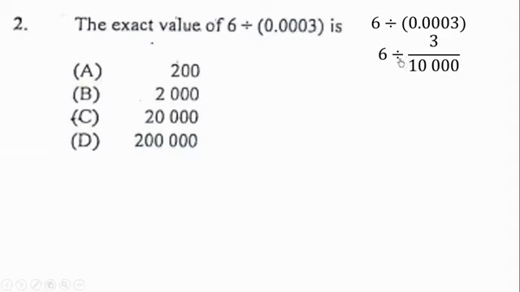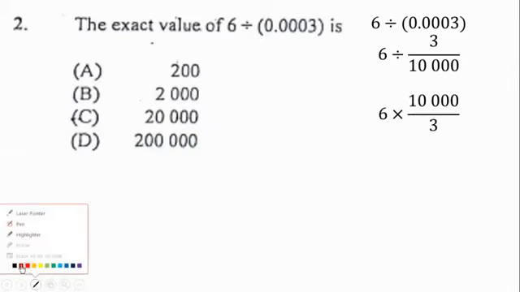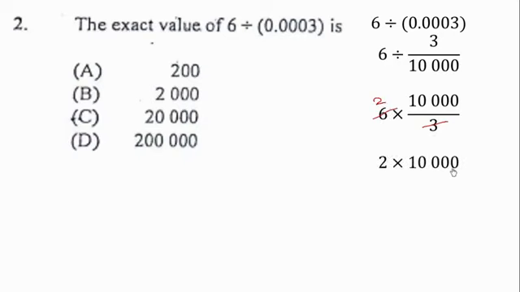Now let's change this to multiplication and reciprocate to get something like this. So we can now simplify. Now this will go here 2 times, so multiply 2 by 10,000 to get 20,000. So this is the correct answer.